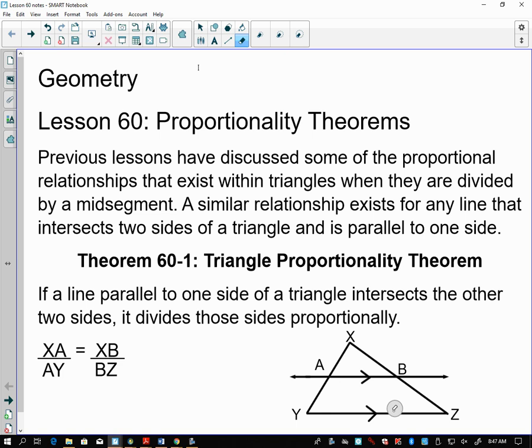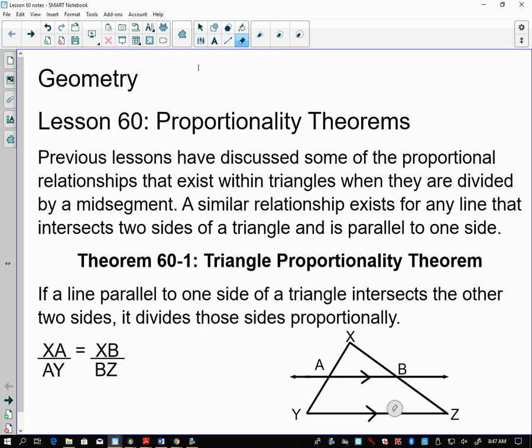It occurs midpoint between 2 points on a triangle, but it cuts through, so it continues to go on. Do you follow me? But it works the exact same way as a midsegment, meaning that it's going to divide the sides of that triangle proportionally.